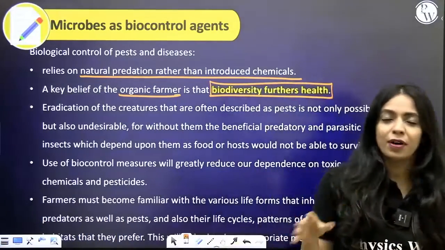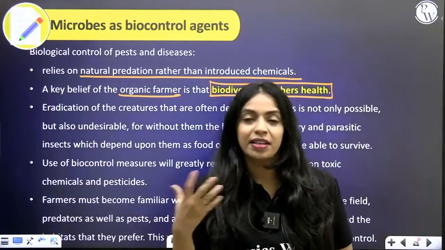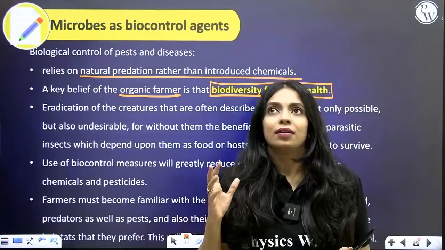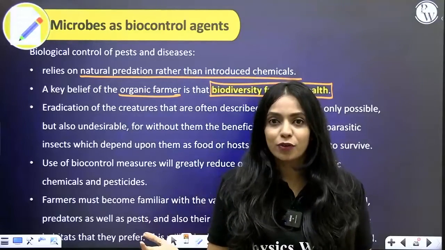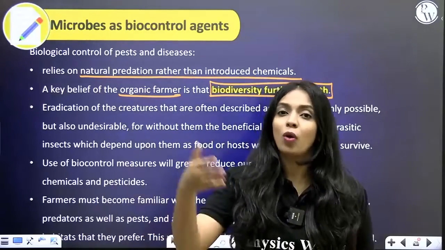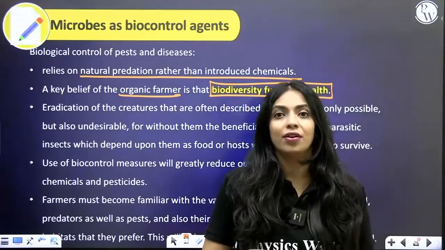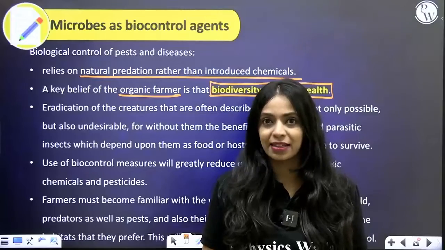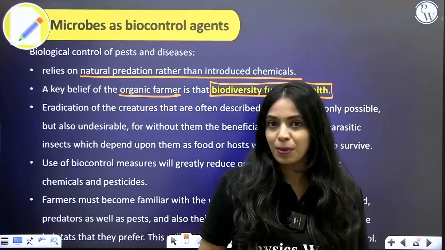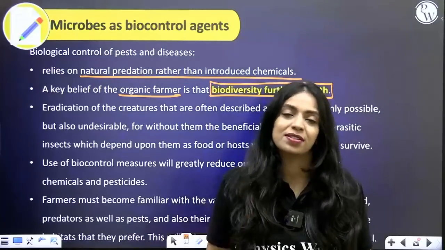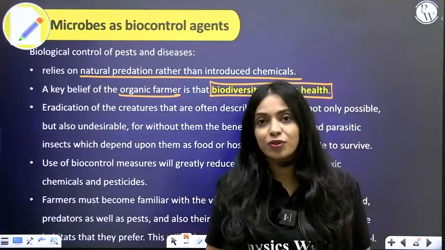See, these chemical insecticides and weedicides that they spray in fields, along with getting rid of pests that cause infections and infestations, might also get rid of useful animals and insects. You know how several insects can be pollinators, right? So certain times the chemical insecticides and pesticides that are sprayed can get rid of the useful ones as well.